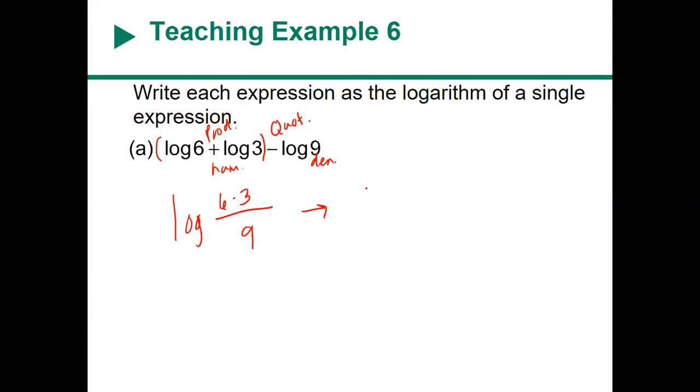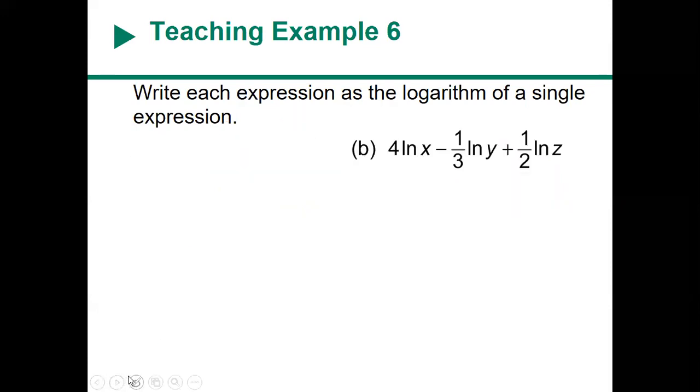So I'm going to simplify, and I get log of 18 divided by 9, which equals log of 2. How do you feel about it with just numbers? Okay, now we're gonna do it with just variables.